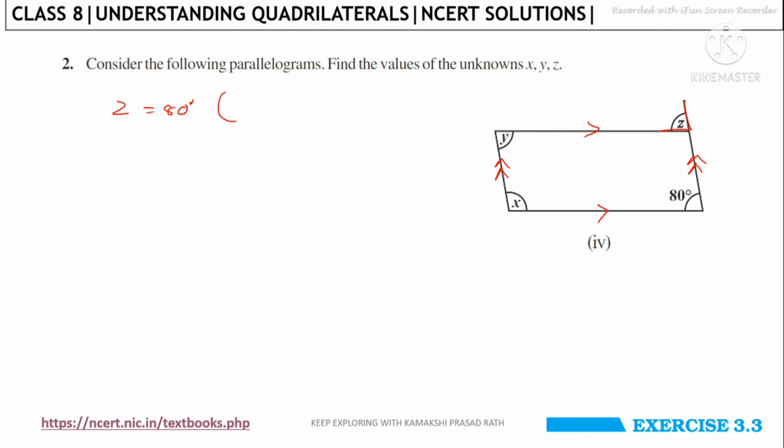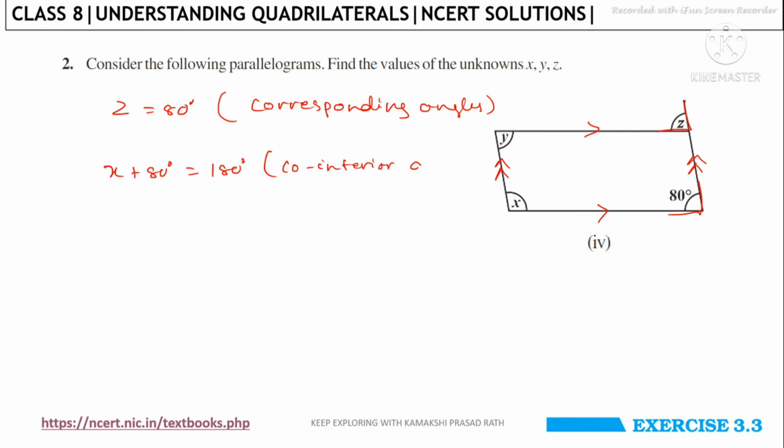You can see this forms corresponding angles. Next we can see again X plus 80 equals 180 degrees. So these are angles on the same side of the transversal, or we can say co-interior angles.